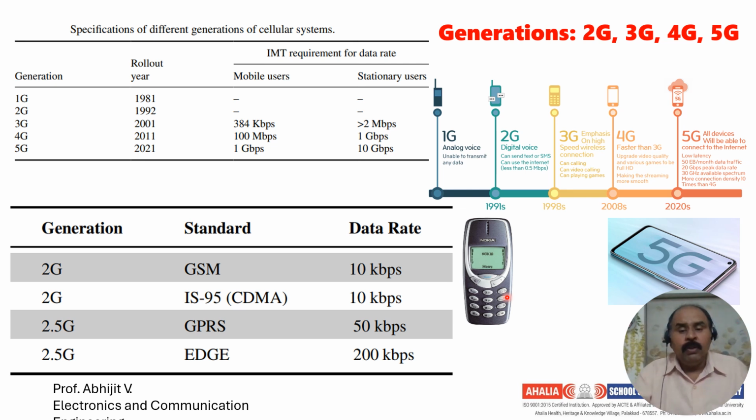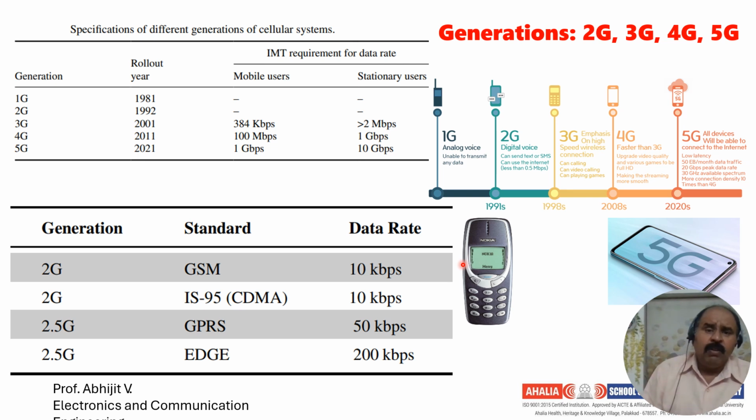Today these phones have become obsolete because our primary requirements have completely changed from making phone calls to using the internet, getting connected to the world, controlling machines. The requirements are innumerable, infinite.